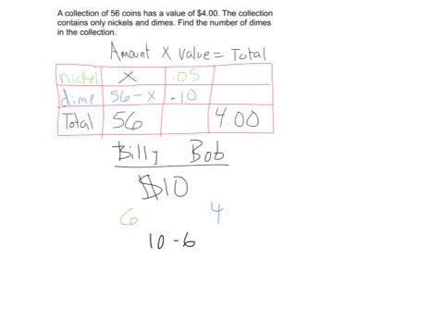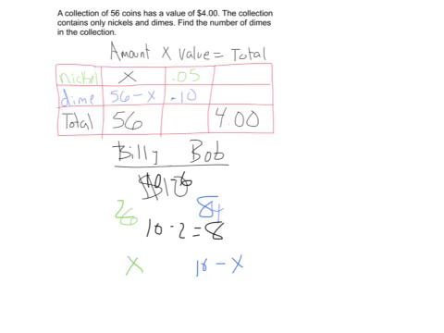Let's say Billy had $2. Well, we know that Bob would have 8 because that's going to be 10 minus 2 is equal to 8. Now let's say that Billy had x dollars. Then Bob is going to have 10 minus x.